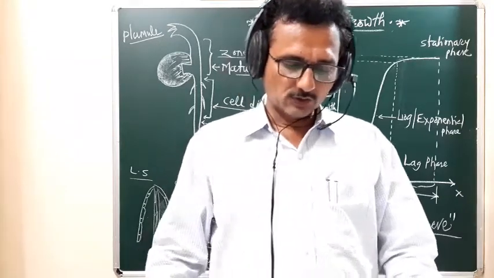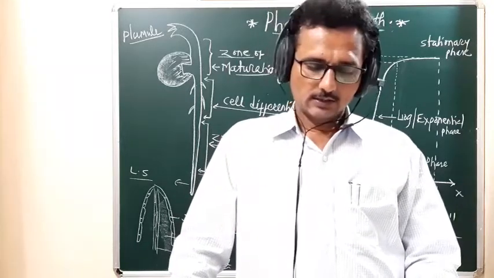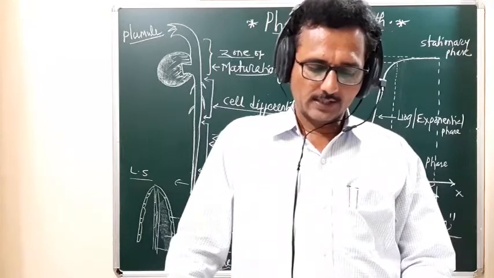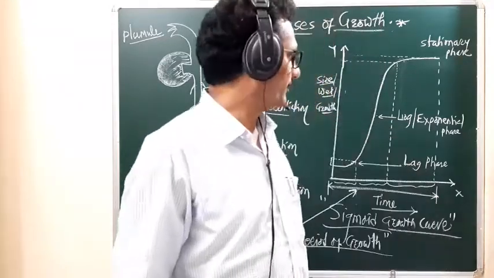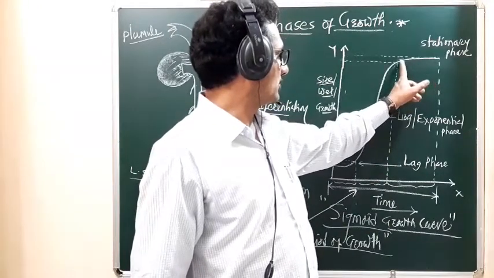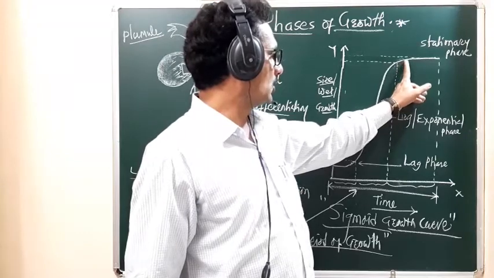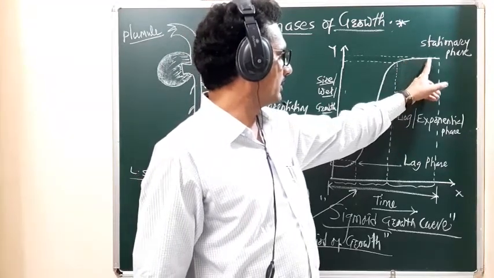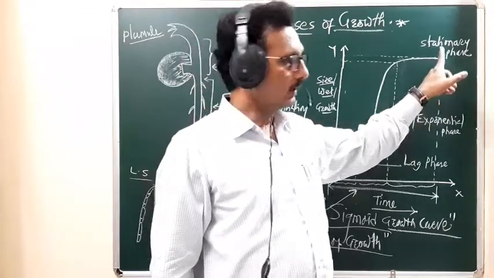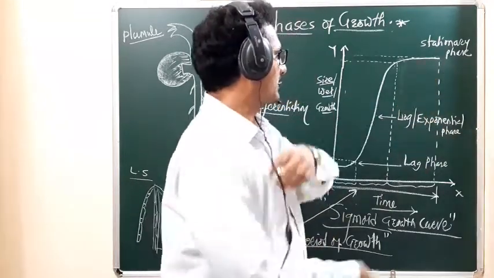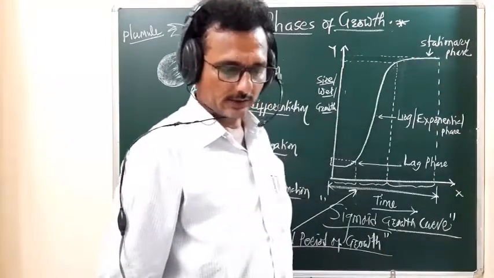The first option is lag phase, second option log phase, third option exponential phase, and the fourth option is stationary phase. So what is the answer? It is the stationary phase. The growth slows down and becomes steady. So it is seen at the stationary phase.